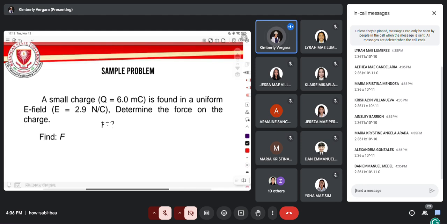Sige nga class, kindly answer this one, madali lang to. Pakipicturan and then pakisend sa GC po natin. I'll give you 10 minutes to answer this one. So take a photo and then send it in our GCs.